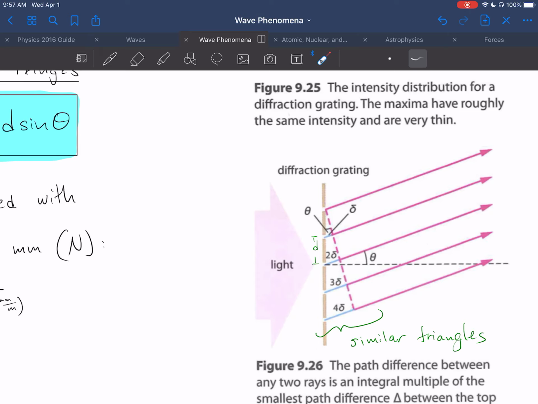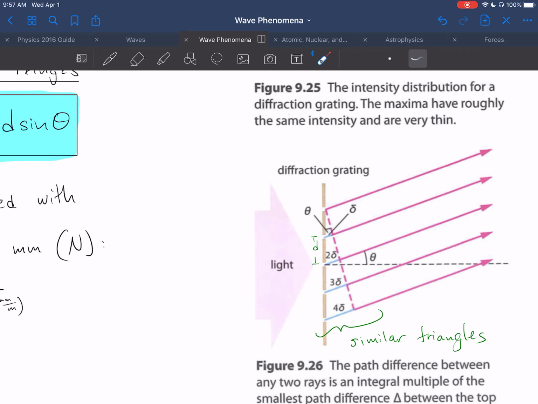And then the only thing to observe is that if you have an even slit spacing, then if you go not just 1 little d away, but 2 little d away, you will see that the path difference then becomes exactly 2 delta, assuming that these lines are parallel, assuming that the screen is far enough away that we can assume that the rays are parallel as they leave the slits.